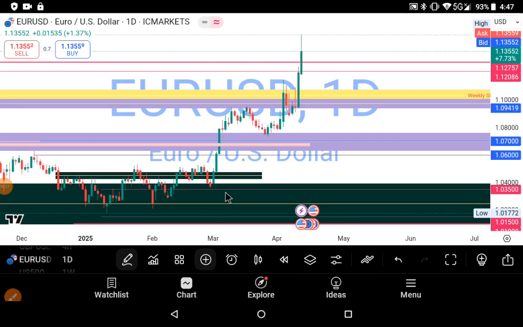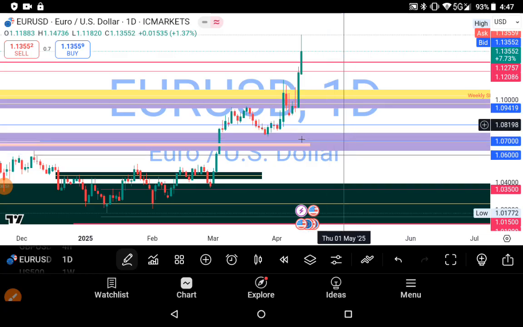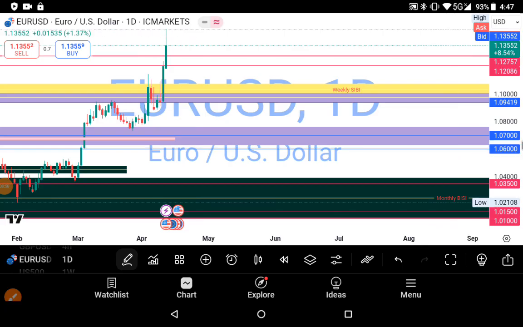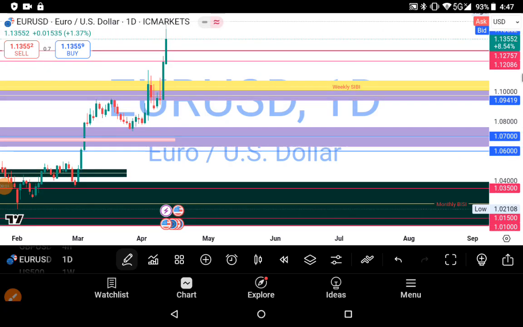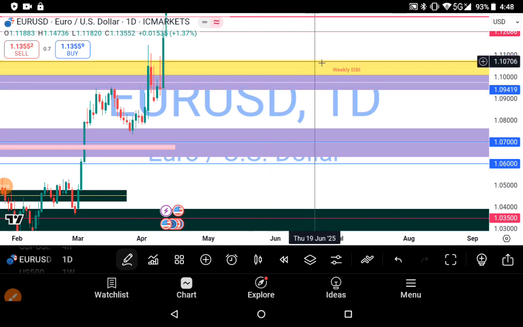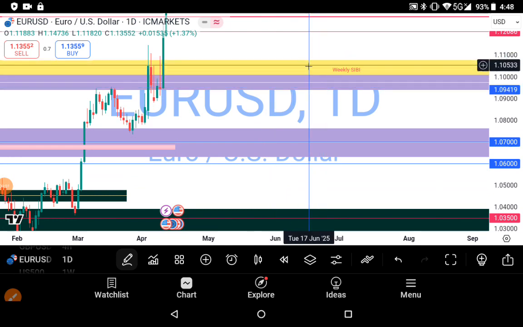So I was interested in the market price visiting this weekly CB here.